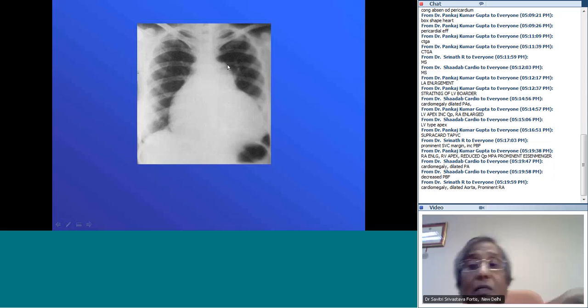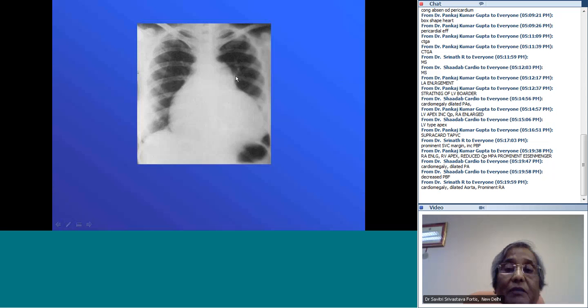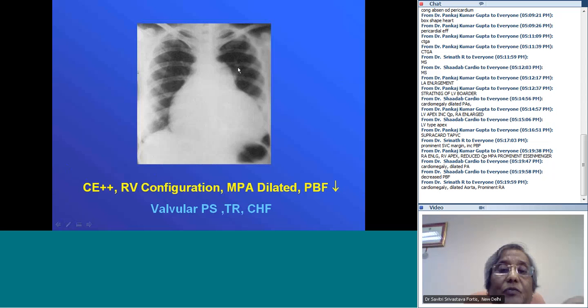The right atrium is markedly enlarged, but the main pulmonary segment is very prominent, and there is a decreased pulmonary blood flow. Putting all this together, it is a typical X-ray of a very critical PS with right to left atrial shunt, and it has to be with tricuspid regurgitation because there's so much RA enlargement and so much enlargement of the heart, of congestive heart failure.